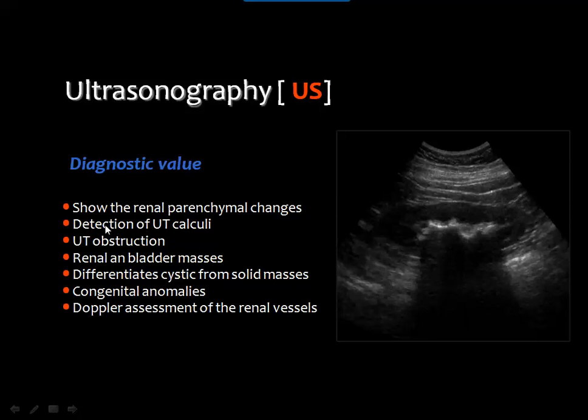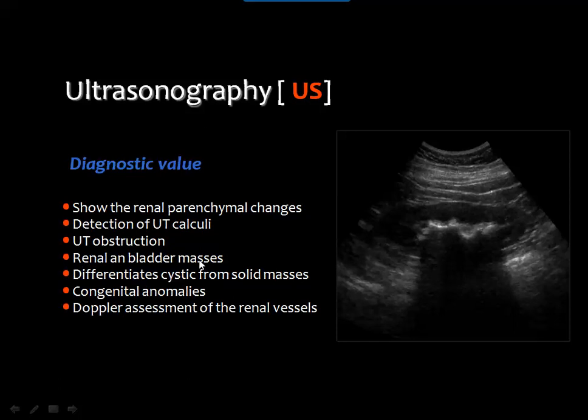And detection of urinary tract calculi, especially in the kidney and in the urinary bladder. And this is a good example of a big calculus occupying the renal pelvis, and you see the characteristic posterior acoustic shadowing, which is the most helpful sign for calculi anywhere in the body. Then detection of hydronephrosis is easy by ultrasound.